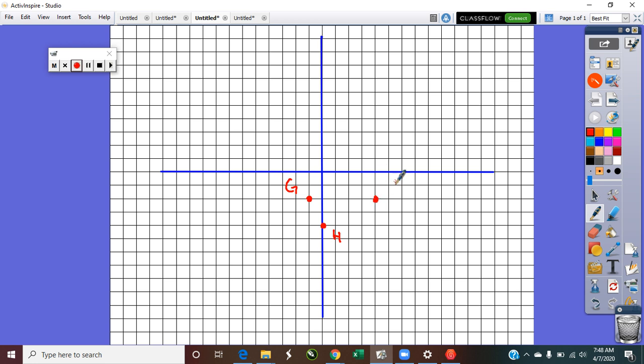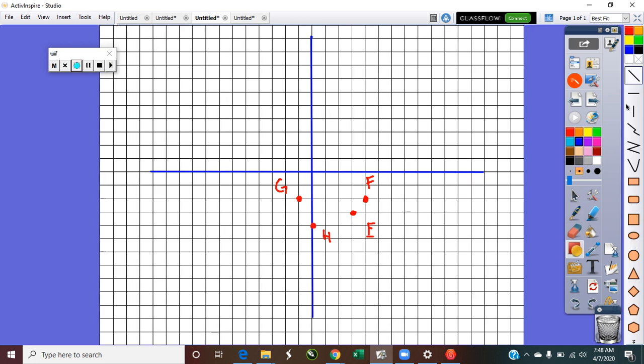We'll call this point F. And then I have one more point at 3, -3, and we'll call this point E. Let's connect these with straight lines. So we just got a basic quadrilateral here.